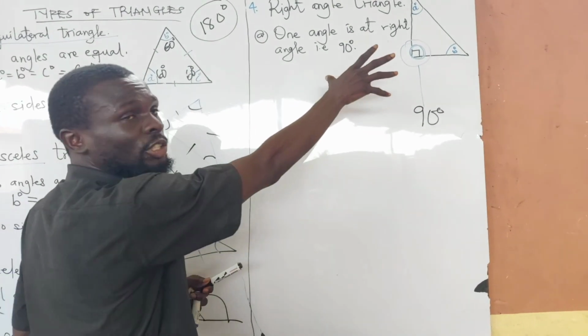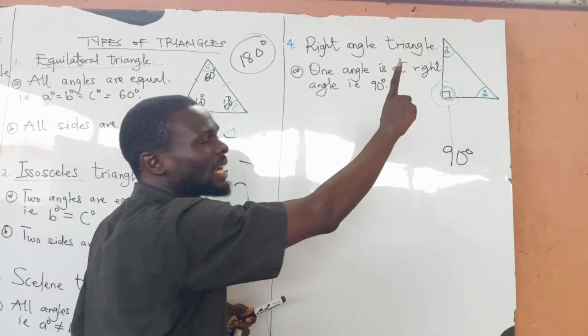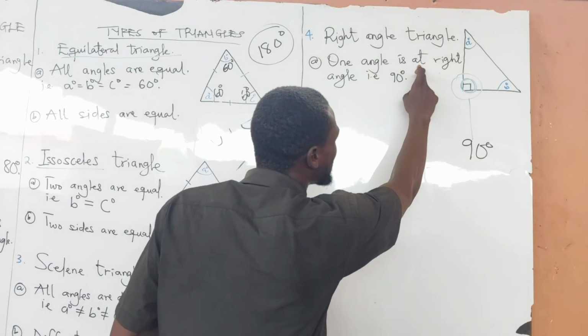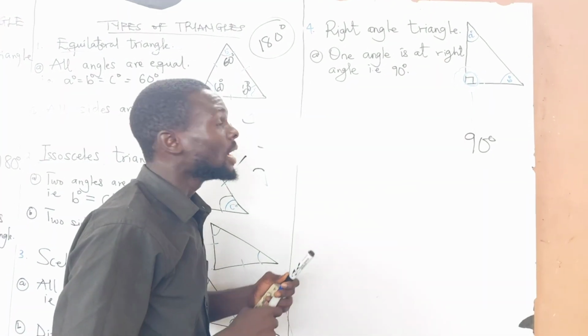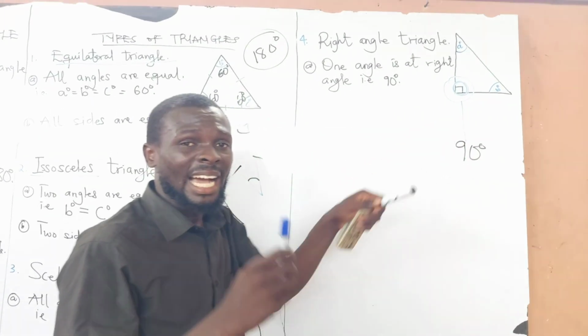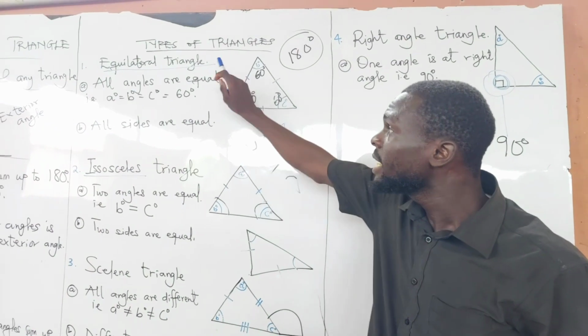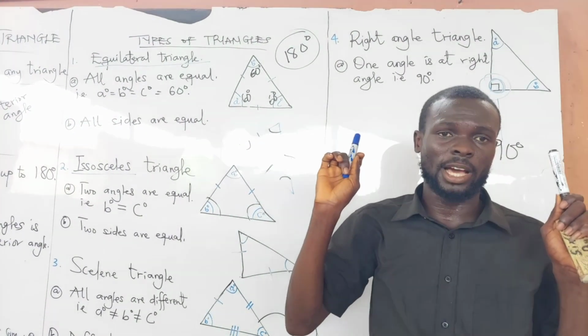Now the right angle triangle has one angle as 90 degrees. So one angle is at right angle, that is what? 90 degrees. Now a right angle triangle can be an isosceles triangle, but cannot be an equilateral triangle.